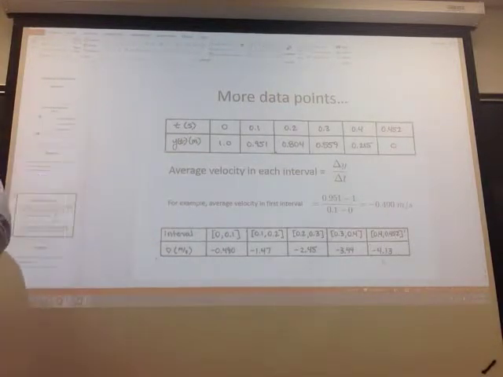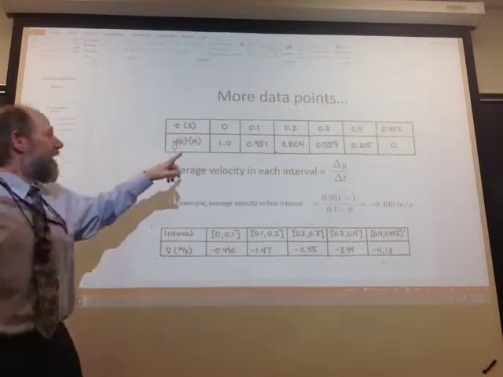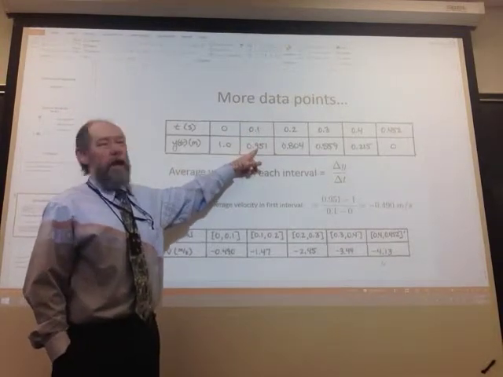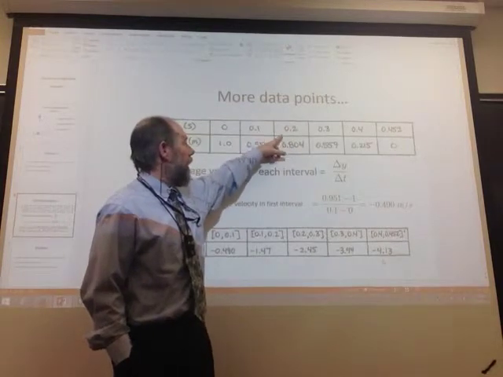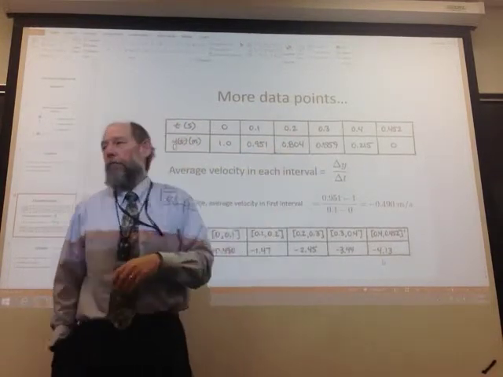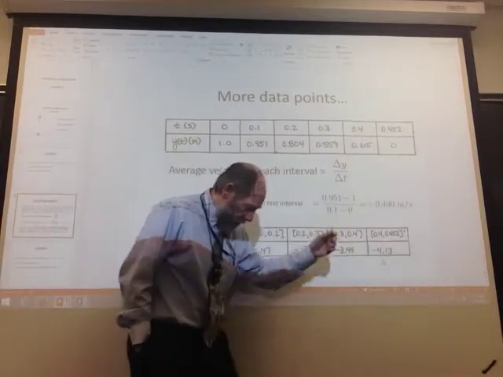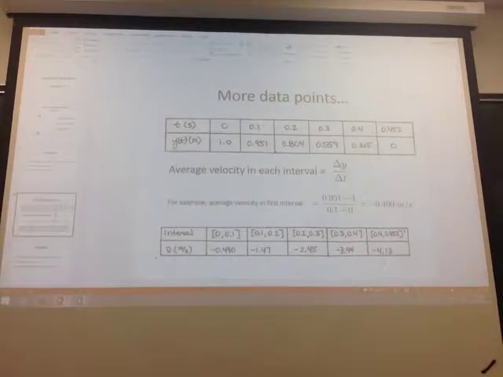Maybe you have a high-speed camera, so you can record that ball falling, and you know that exactly 1/10 of a second after you let go, it was 0.951 meters off the floor. And exactly 0.2 seconds after you released it, it's 0.804 meters off the floor. And it hits the floor at exactly 0.452 seconds.